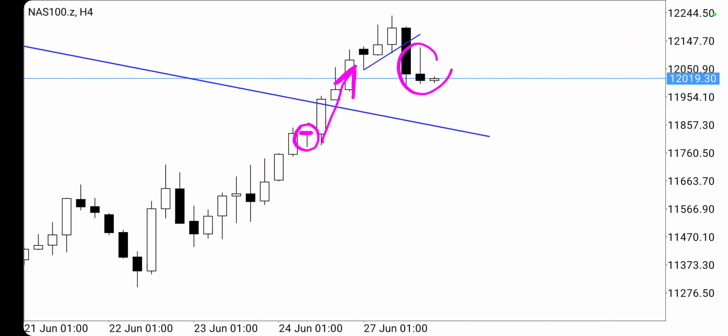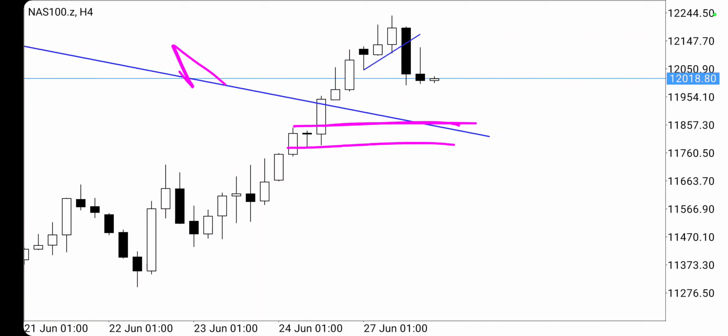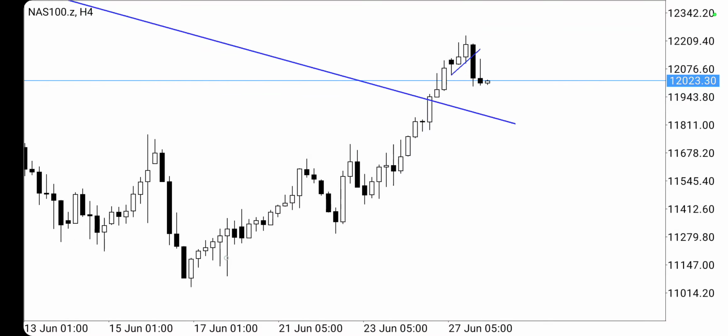So maybe the same thing would happen here, but I'm not saying it would happen. Now I'm waiting here. Those who bought from the top, manage your stop losses nicely. We are waiting here. Now this is where I'll be looking for reasons to go long, because of what, this momentum to the upside, the trend line is here somewhere there, and this guy is still above the trend line.